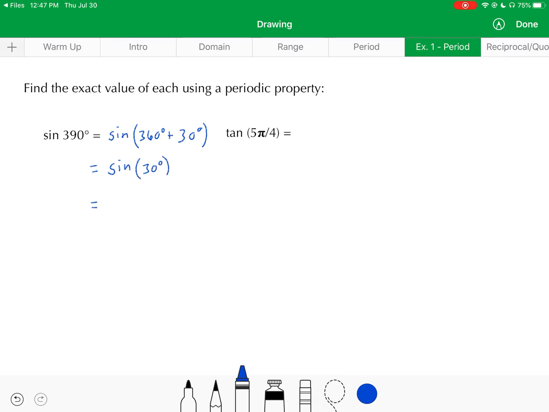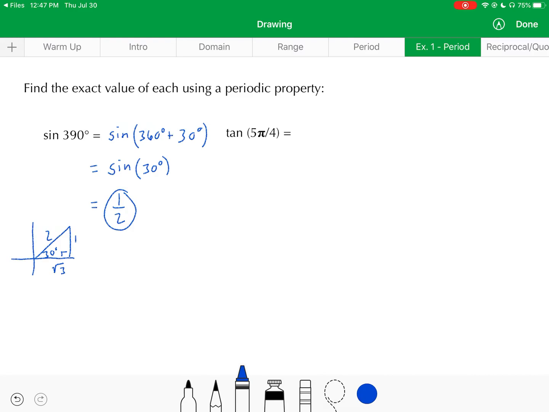And sine of 30 degrees is 1/2. You could reason that out off the unit circle, or you could just draw out a special right triangle with a 30-degree angle here, 1, radical 3, 2. So notice your y value is 1, your r value is 2. Right?